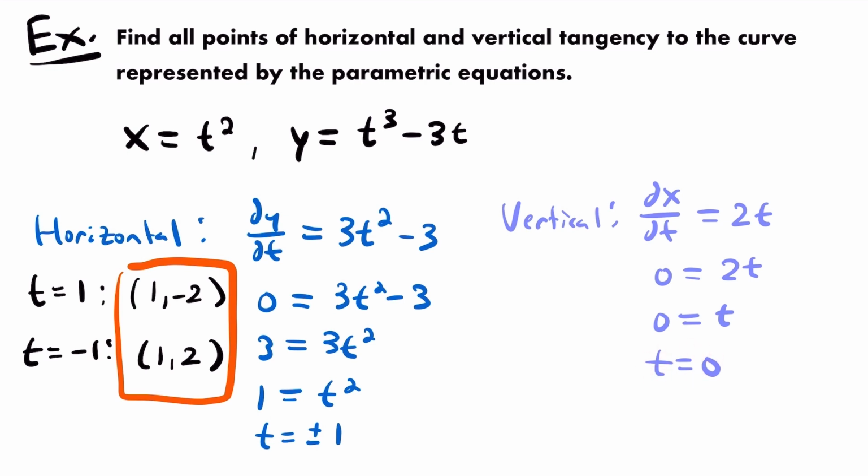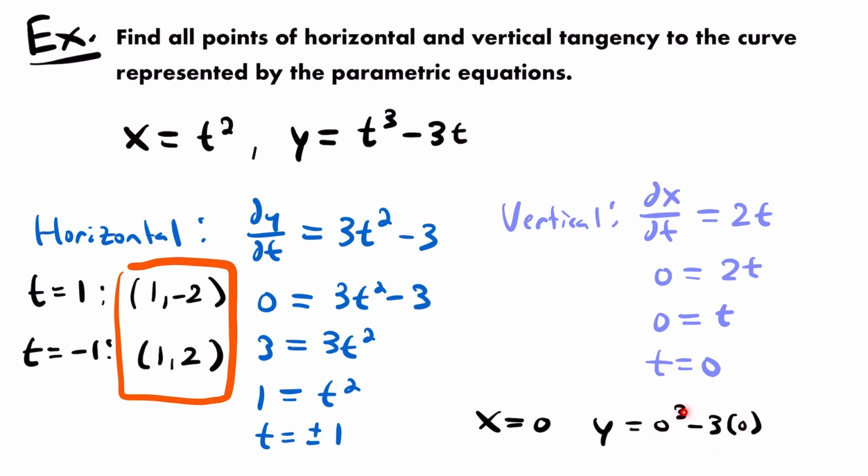All we have to do now is plug that value of t into our parametric equations to get the corresponding x and y coordinates for the point. And so when t equals 0, x will be equal to 0 squared, right? x is equal to t squared, so if t is 0, we have 0 squared. And 0 squared is 0, so we just have x is equal to 0. And then y will be equal to 0 cubed minus 3 times 0. We just replaced each of these t's with 0.